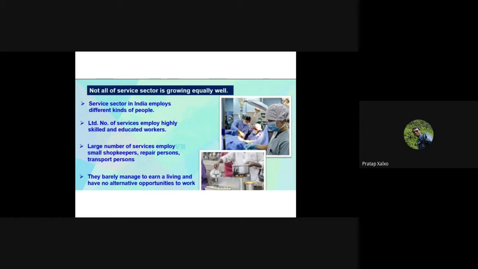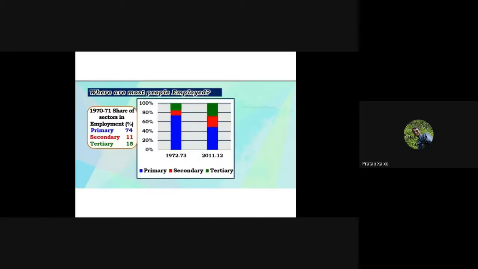Now, let us understand, where are most of the people employed? When we say employment in the year 1970-71, the primary sector had accommodated 74% of the employed people.